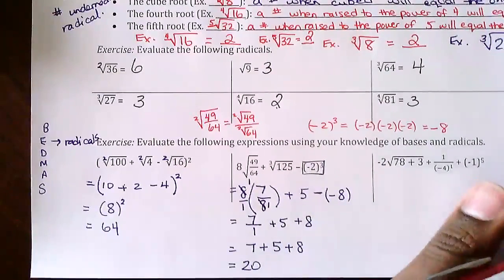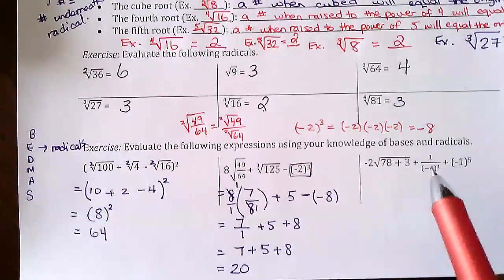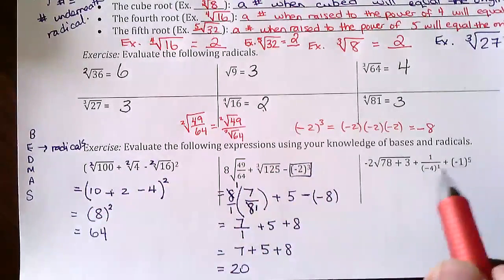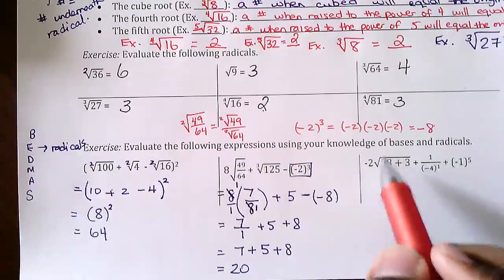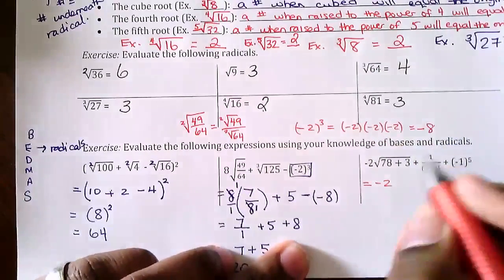Okay, so taking a look at this, do we have brackets? Yes, but there's nothing to do in here, nothing to do in here. Next, we have radicals and exponents. So there's an exponent here, and a radical here, but there's something to do underneath the radical. We need to do that first. So let's copy the -2.